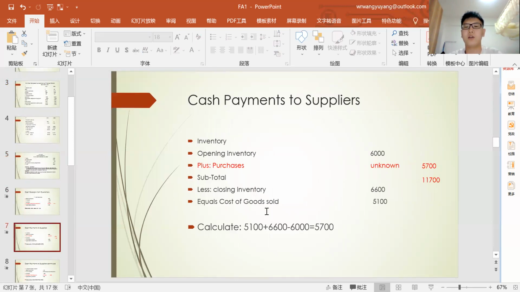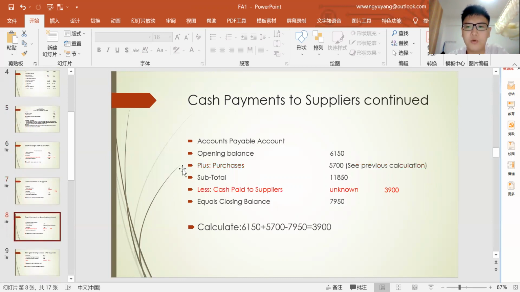So the calculation is 5100 plus 6600 minus 6000 equals 5700, and that is the purchases. The subtotal and total is 11700.